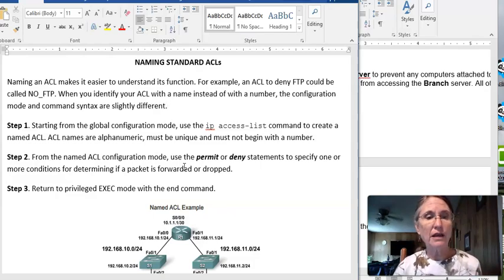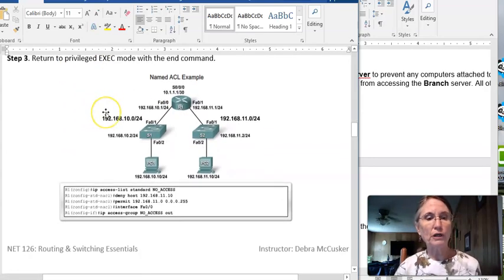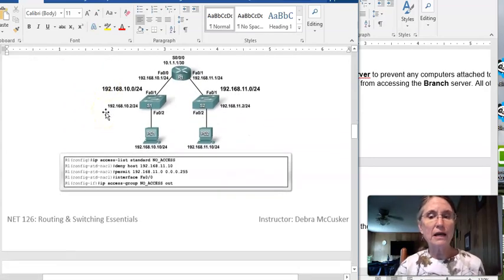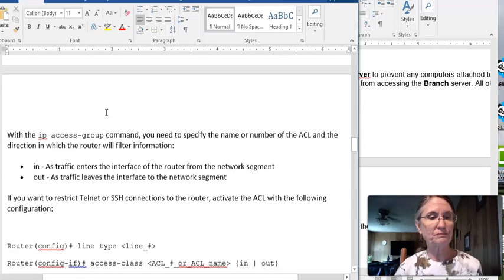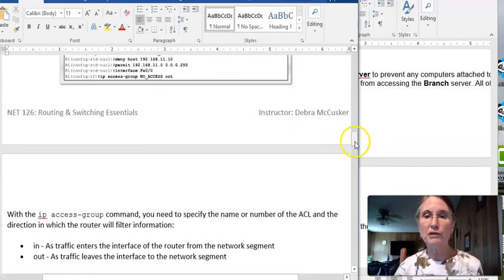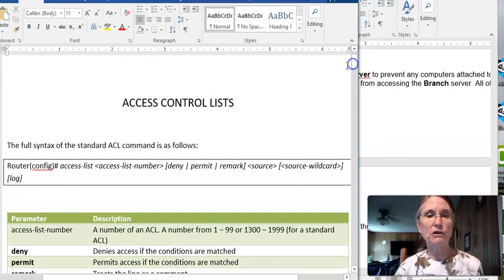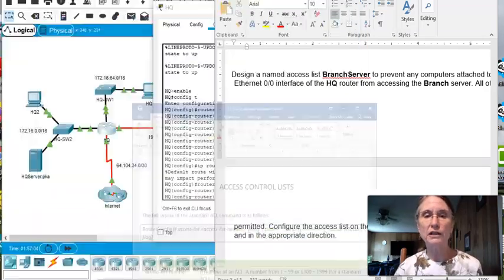And then we will return to the privilege exec mode and then place that access list or define it on a particular interface. And you can refer to this document for some additional details on access control lists.